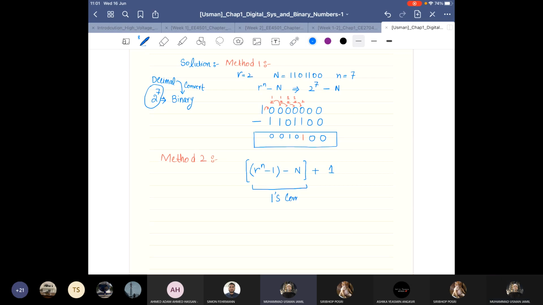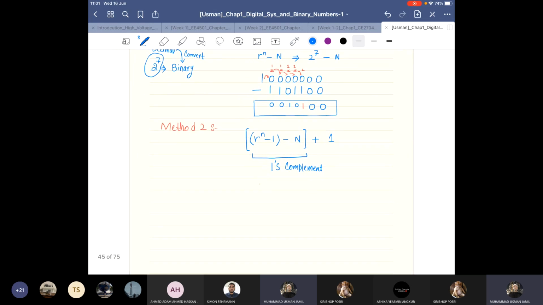So if you add 1 to the 1's complement, this is your 2's complement.